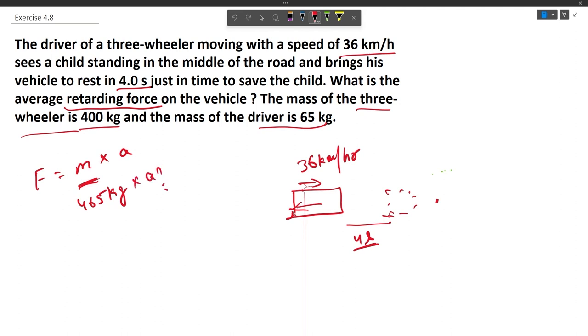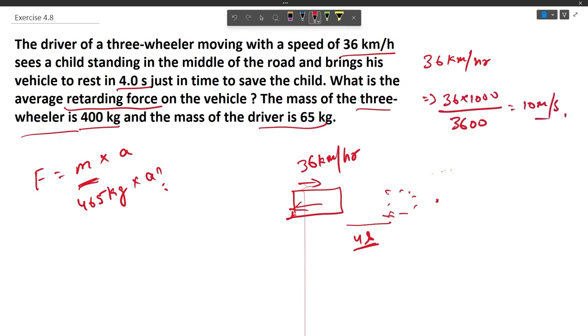Now for convenience, we will convert the units to SI units. 36 kilometer per hour may be written as 36 times 1000 divided by 3600. That would be equal to 10 meter per second.